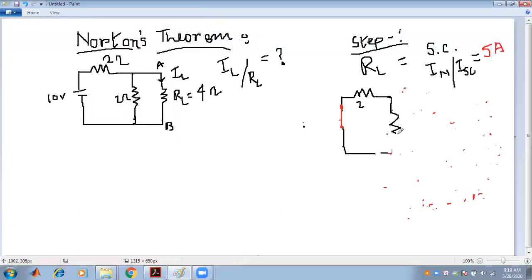There is another 2 ohm there. So this is our step 2. Here, this is the open circuited part. From here we have 2, and this is another 2 ohm.